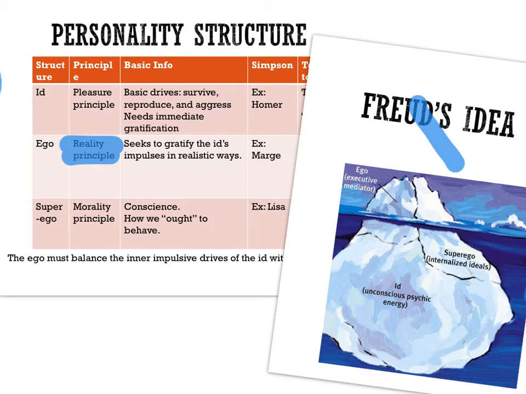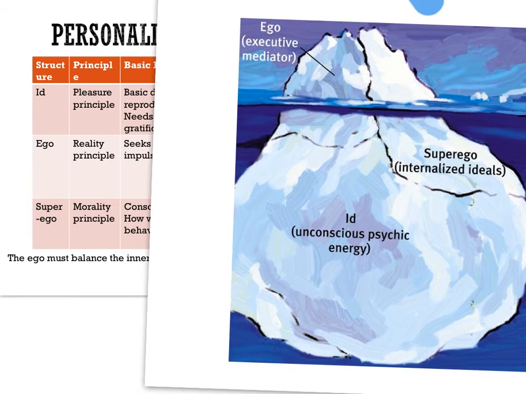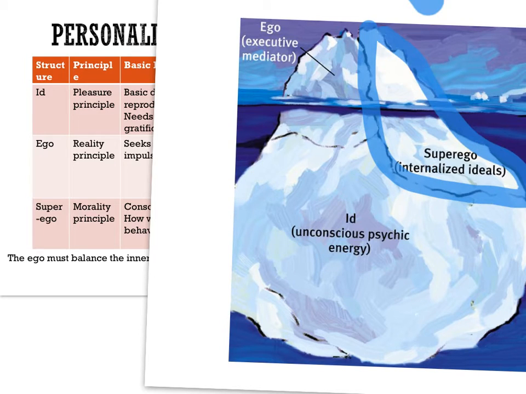Let's look at the iceberg again. So we've got our superego, and all the stuff up here is in your conscious, and all the stuff down here is in your unconscious. Your superego actually has both conscious and unconscious, and this is where your conscience is stored.